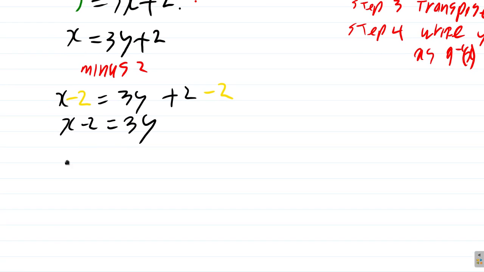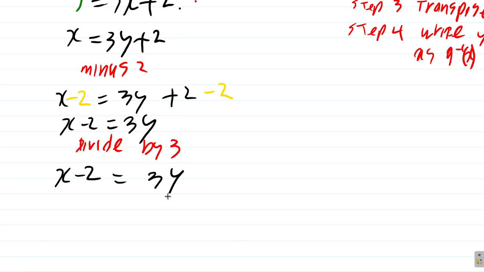Then you divide by 3 to get y alone. So you have x minus 2 equals 3y. If you put this over 3, 3 will cancel 3, and put this over 3 as well. So you get y is equal to (x minus 2) over 3.